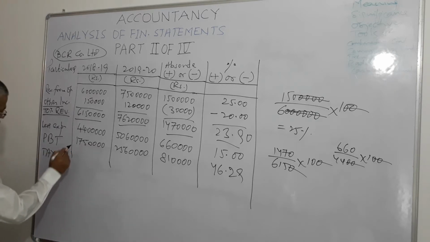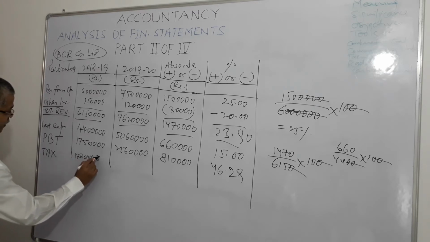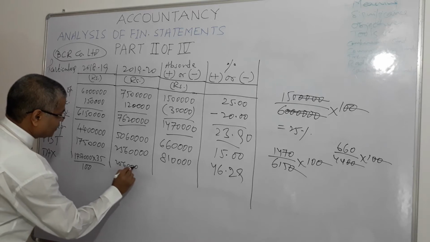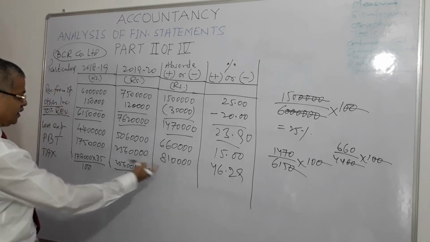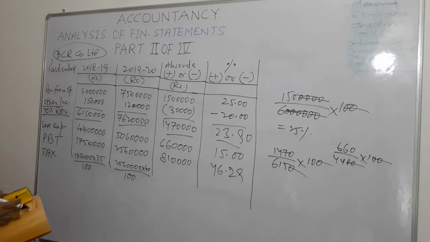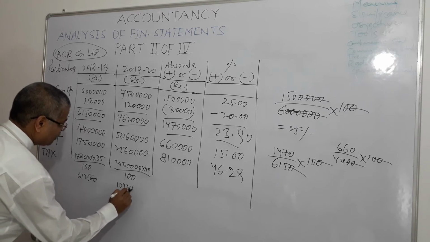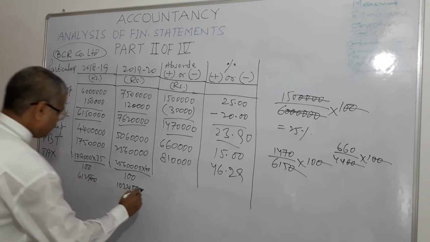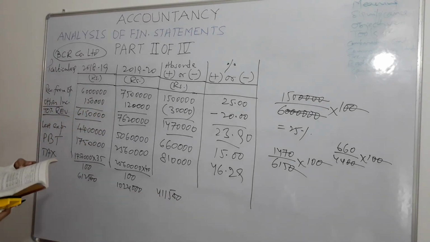So tax is 35% of 17,50,000, that is 17,50,000 into 35 upon 100, and here it is 40% of 25,60,000. To be precise, it comes to 6,12,500 and 10,24,000, and the difference is 4,11,500, that's correct.